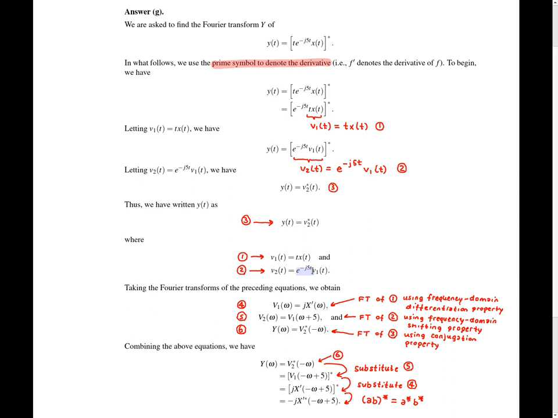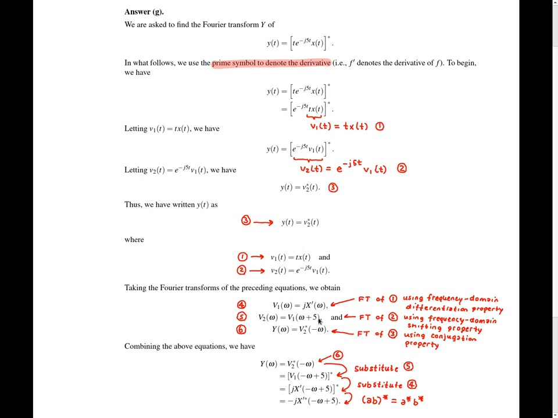The modulation property says that multiplying by this complex sinusoid is going to shift the Fourier transform by -5. So down below here we have the Fourier transform big V1, but it's evaluated not at omega, but rather at omega minus -5, which is omega plus 5.